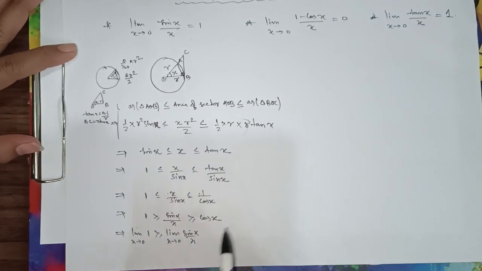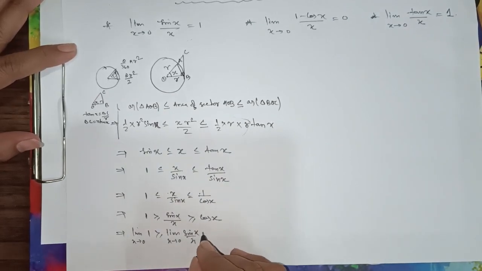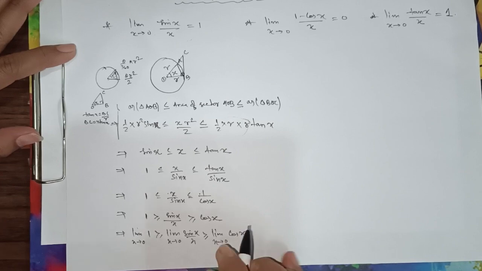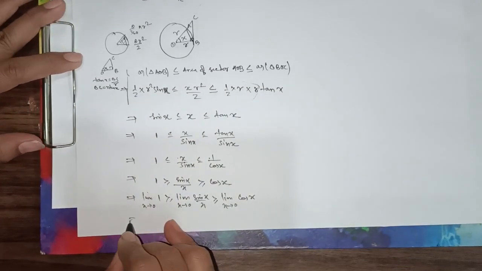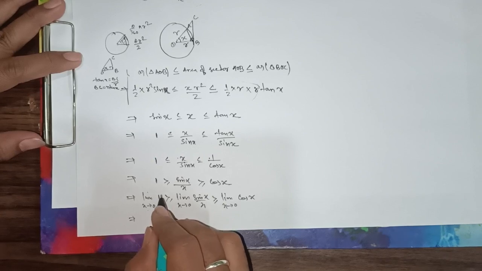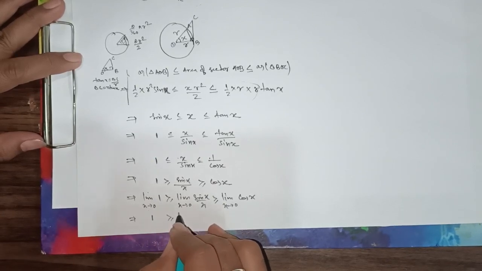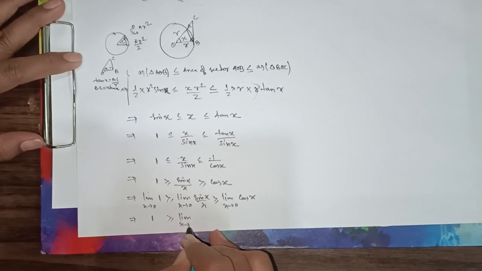That was our target. Now we are here, greater than or equal to the limit as x tends to 0 of cos x. So what are you going to get? As we don't have any variables, it will give us 1 only. Let it be the way it is. That is our target.